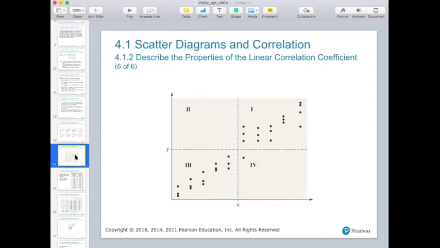What do you think is going on here? Positive or negative, strong or weak. You could make an estimate between -1 and +1. Yeah, strong positive, that's a good explanation. That's a good description.